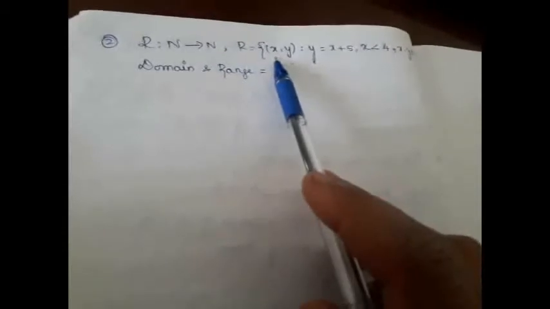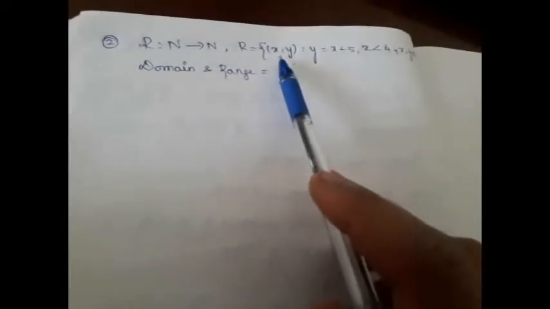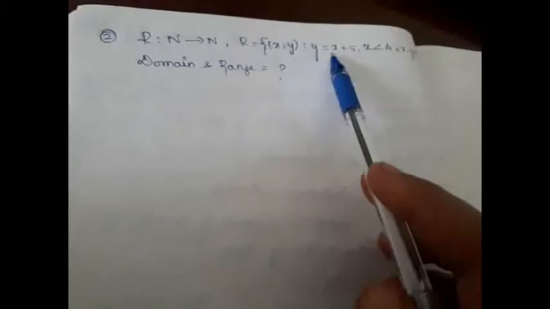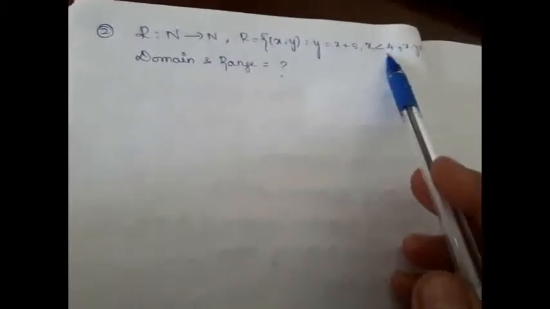But they have given you the constraint for x because the set of natural numbers is an infinite set. Therefore, the relation they have made it definite, they made it finite by giving a constraint to the values of x as x less than 4, where x and y belongs to N. They asked you to find the domain and range.